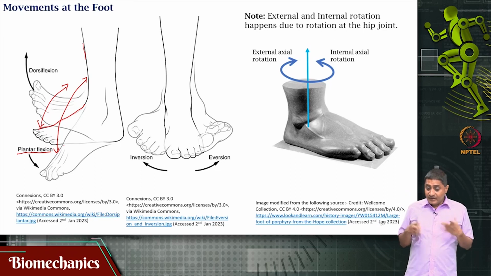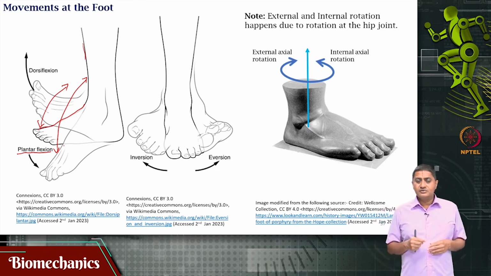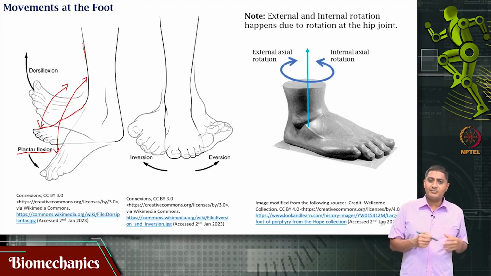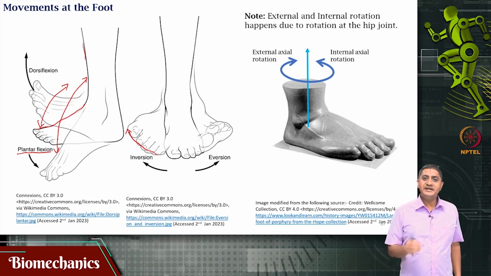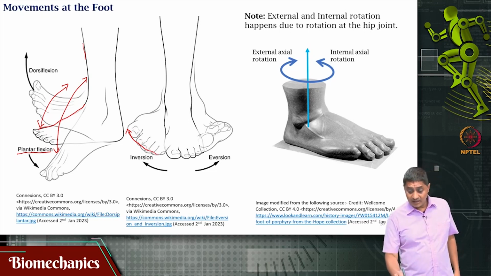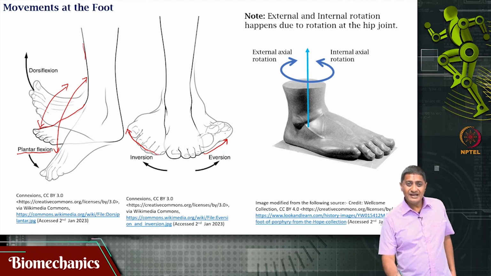Now, other movements that happen through the summation of the small movements at the subtalar joint and the other bones of the foot cause inversion, such that the big toe moves medially, or eversion, such that the toes move more laterally.